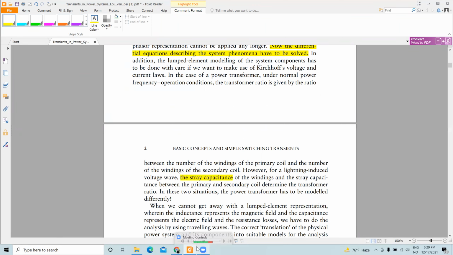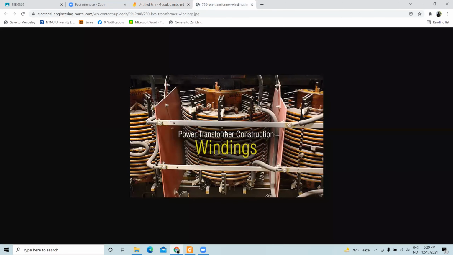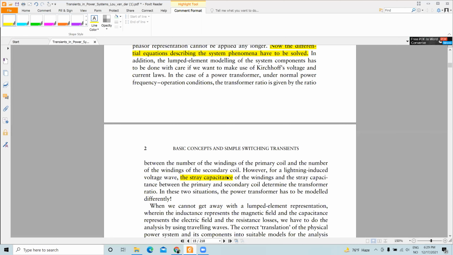So the stray capacitance is basically this capacitance. It is not seen by the open eye, but it exists, and as a result it is called stray. It comes naturally. If you have a transformer, this capacitance will always arise, so you cannot get rid of it.